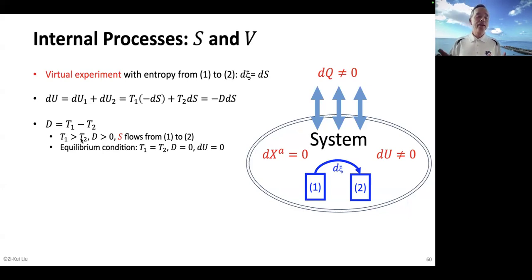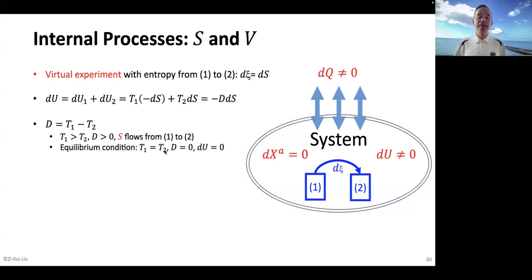Now, if there's no driving force, that means we get equilibrium. Equilibrium is when T1 equals T2, the two regions have the same temperature, there's no driving force, then dU equals 0. So that's the equilibrium condition.